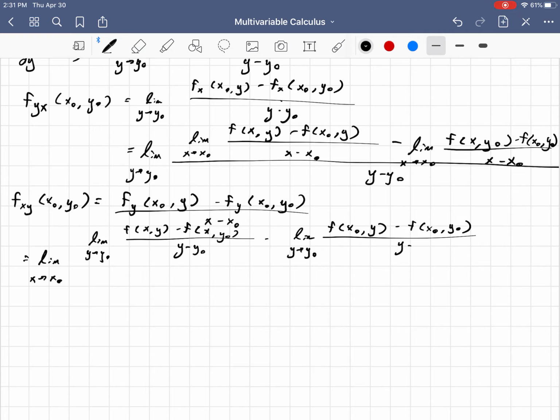And that's going to be over y minus y naught since it's with respect to y. Then all of that is going to be over x minus x naught.